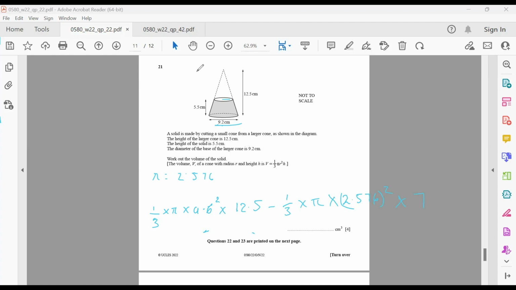This answer will come out to be, if you just put it into your calculator, to 3 significant figures, 228. Yeah, that's how you solve these kind of questions.